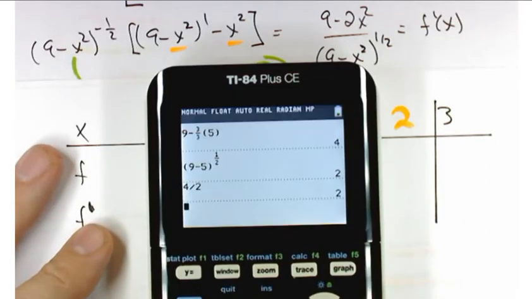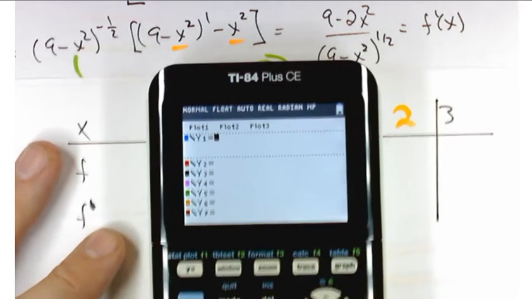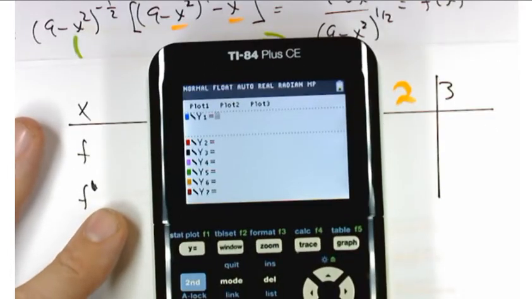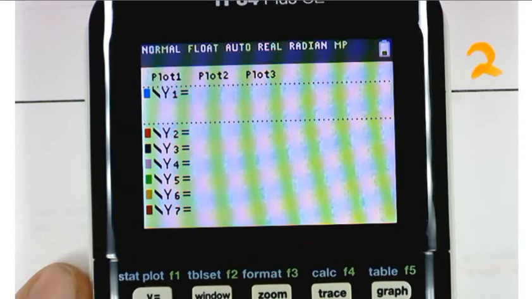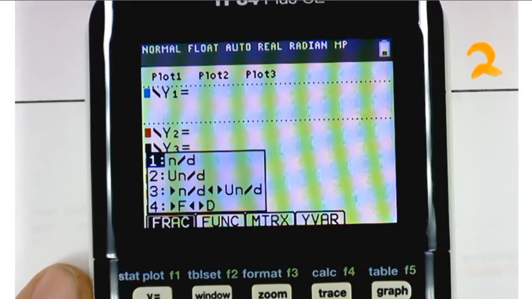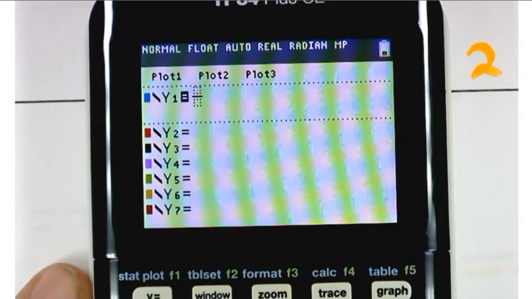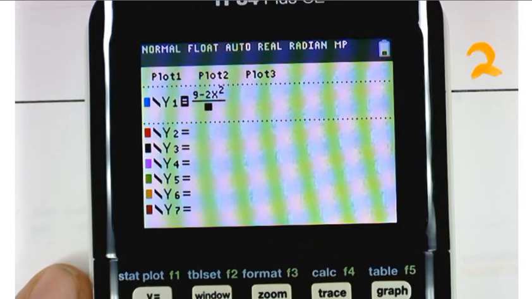So I'm going to use some of the fanciness that my graphing calculator offers, but there's nothing wrong with putting 9 minus 2x squared in parentheses. Hit the alpha key, then the y equals key. I'll choose to do a fraction. It's 9 minus 2x squared over something to the 1/2 power, which is like a square root, 9 minus x squared.